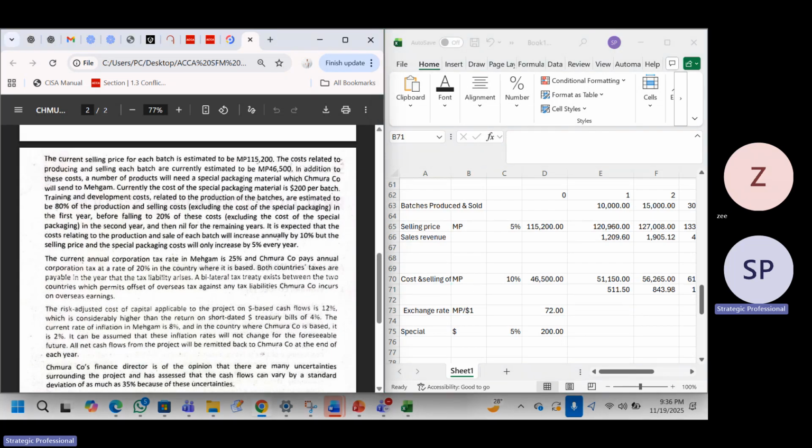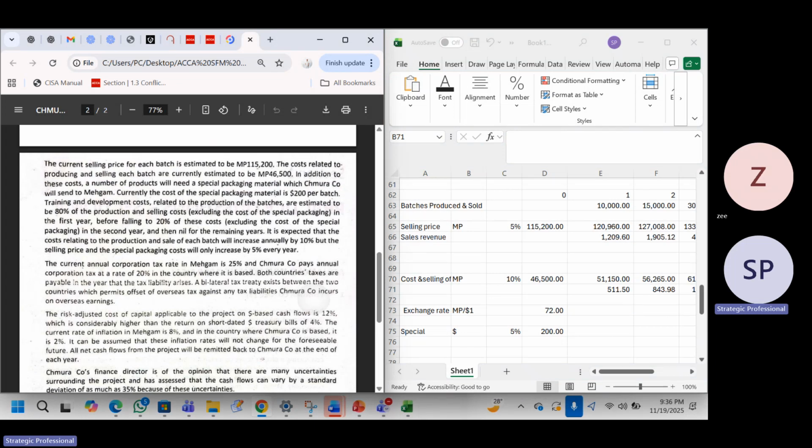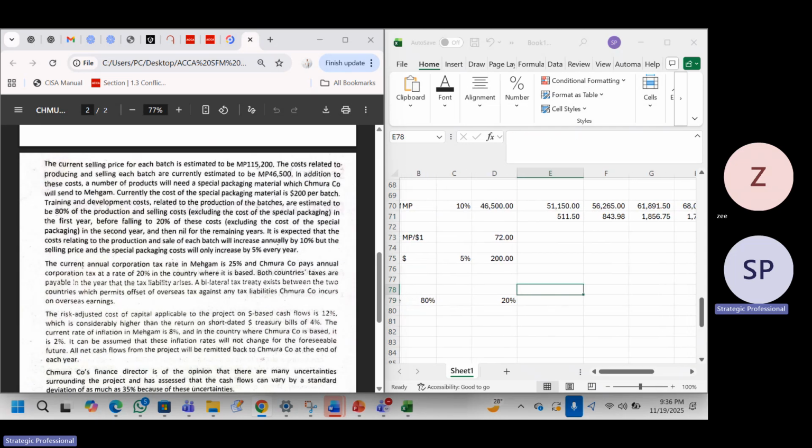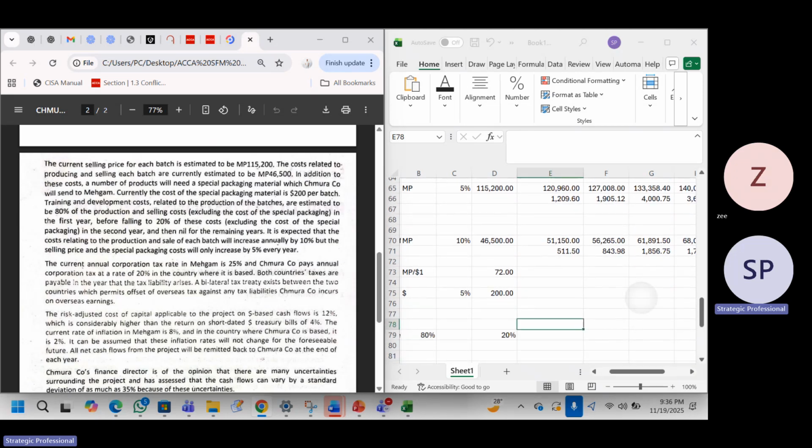They told us about the other guy, the training and development. If you remember, they say the training and development costs related to the production of the batches are estimated to be 80% of the production and selling cost, excluding the cost of the special package. So in training and development, year one will be 80%, while year two will be 20%.